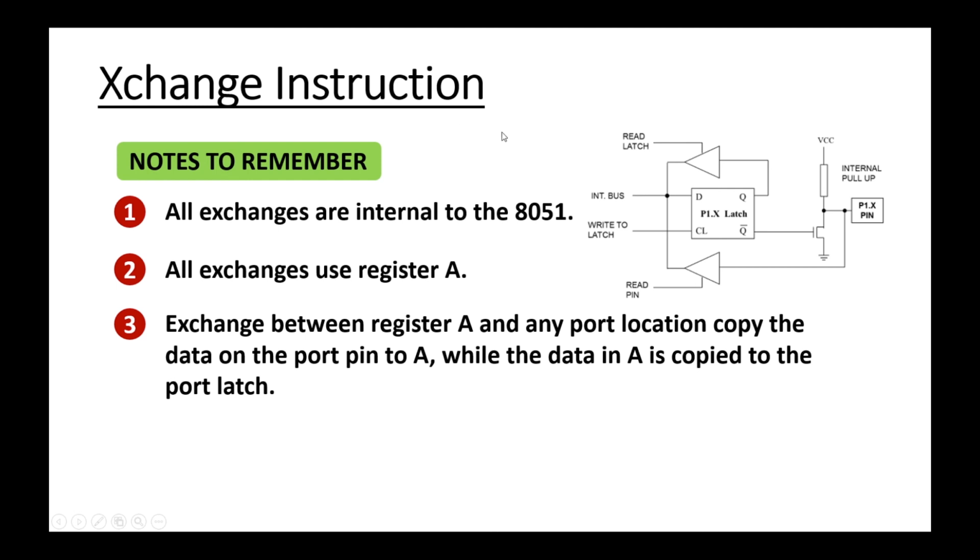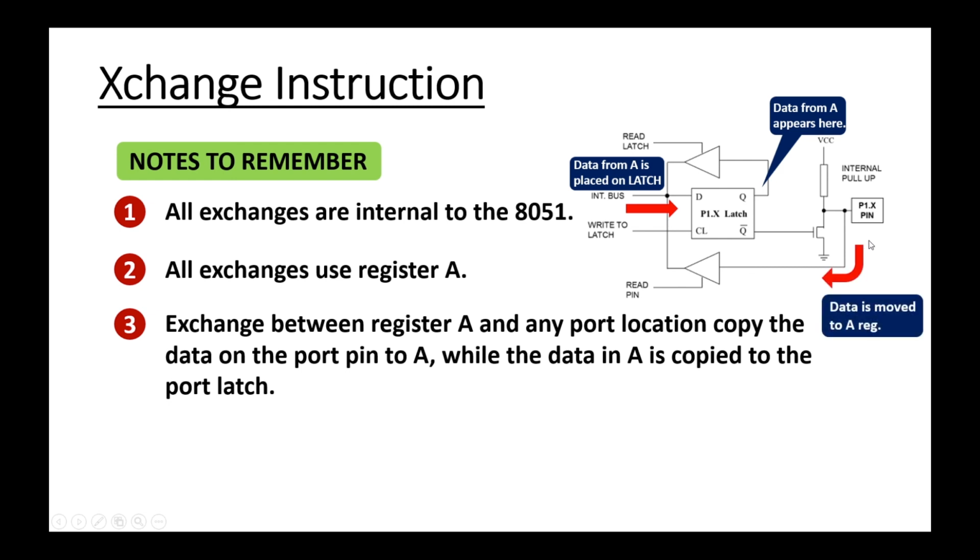When an exchange instruction is performed between any port and the accumulator, what happens? The data from A is placed on the latch. So at the output, at Q, it shows the data from the accumulator, and from the port pin data is moved to the accumulator register.